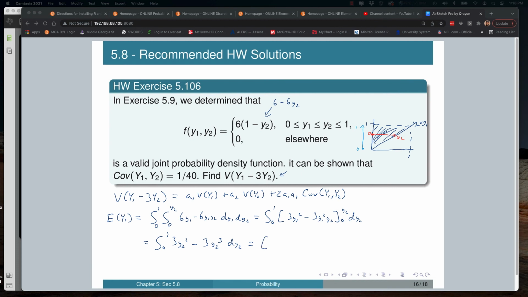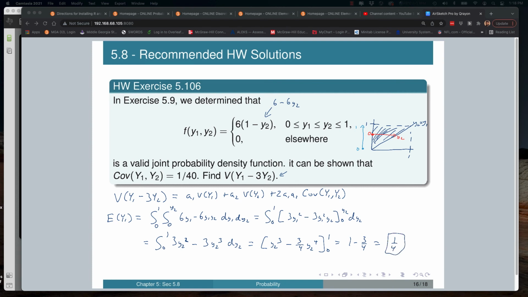So we end up getting, this is y sub 2 squared, the first term becomes just y sub 2 cubed, minus the second term becomes 3/4 y sub 2 to the 4th power. And we're going to evaluate that from 0 to 1. And that gives me 1 minus 3/4, which is just 1/4. All right, so there's one of the things we needed.